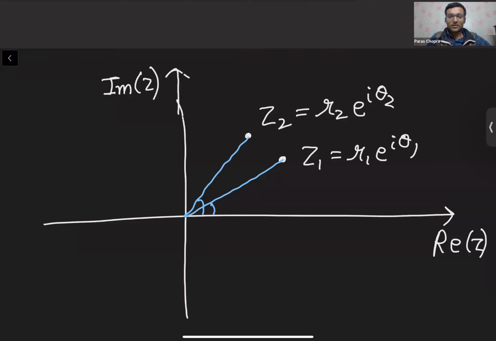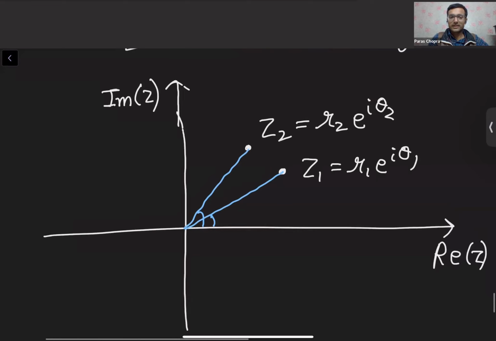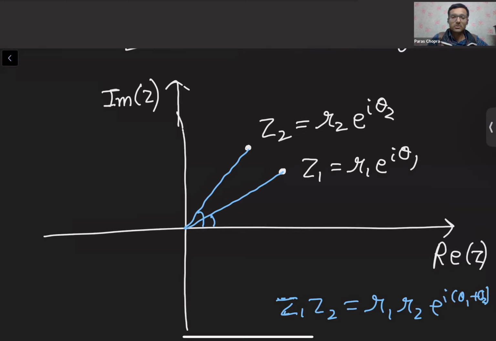So what will be the division, what will be the multiplication of z1 and z2 represented on this plane? So z1 times z2 will be equal to r1 r2 times e to the power I theta 1 plus theta 2. इसका मतलब जो आर्ग्यूमेंट है वो तो ऐड हो जाएगा, तो जो फाइनल प्रोडक्ट होगा उसका एंगल कहीं इस तरफ होगा, the sum of the angles of the two complex numbers. तो प्रोडक्ट ऑफ z1 z2 इस लाइन के अलोंग होगा and length will be equal to r1 times r2.